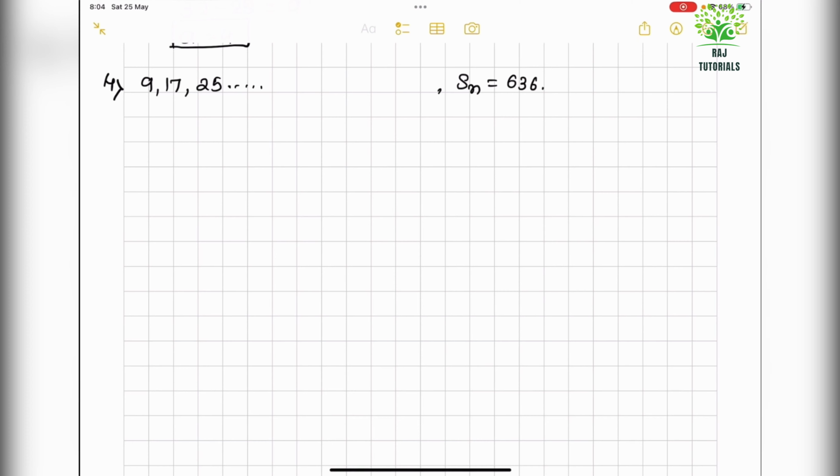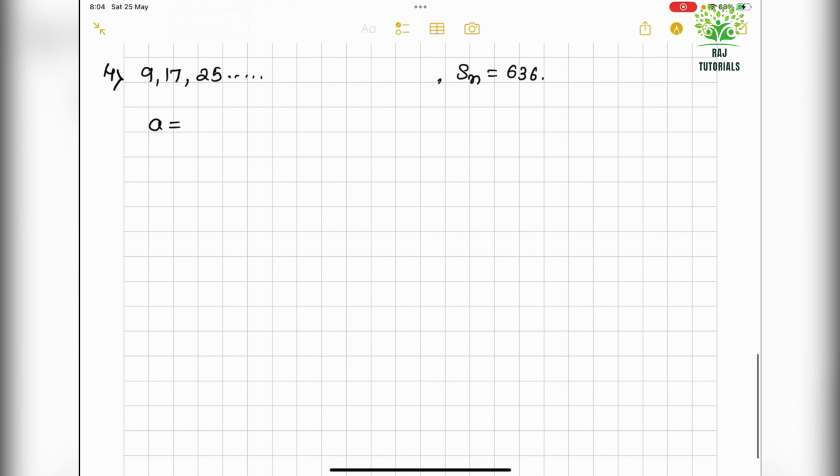So here I can say A equal to 9, D equal to 17 minus 9, so that will be 8. Now we know that Sn equal to n by 2 into 2a plus n minus 1 d.